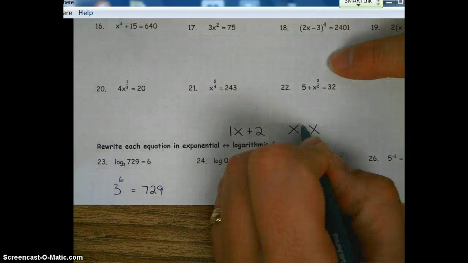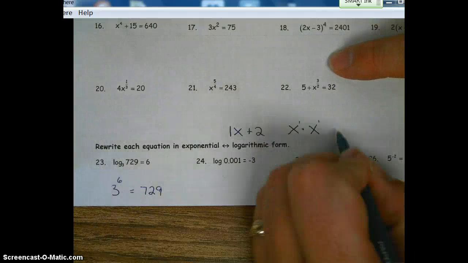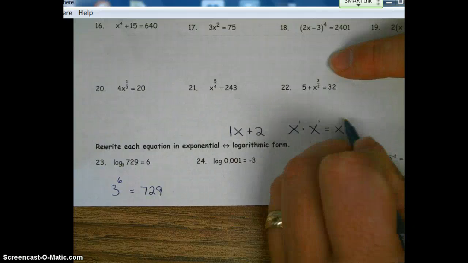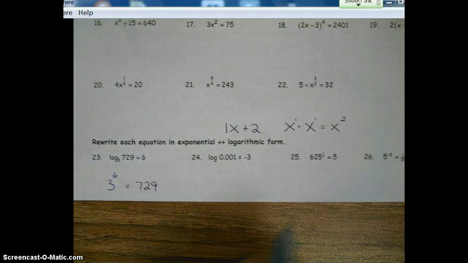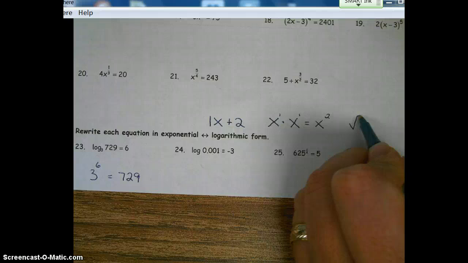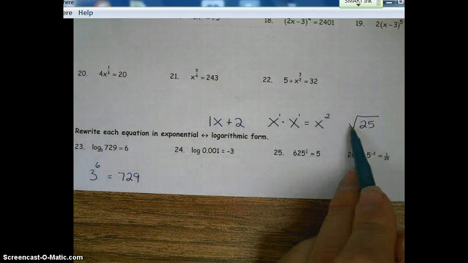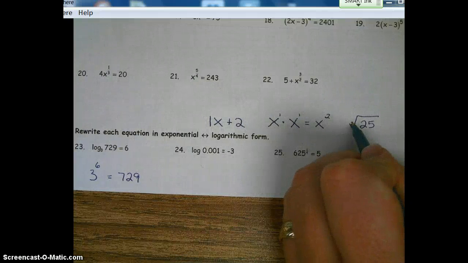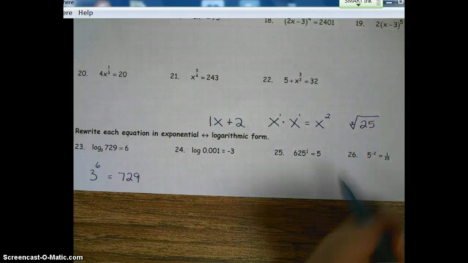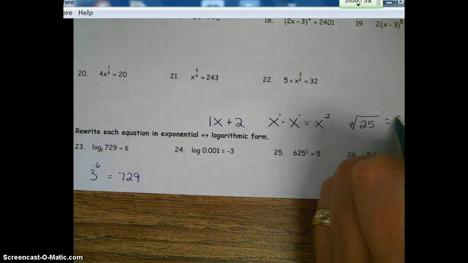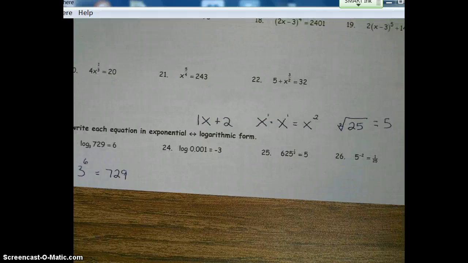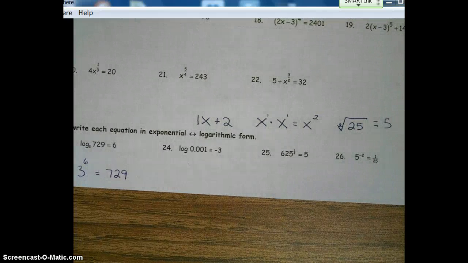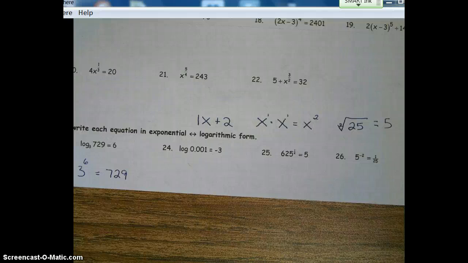Why, 1, of course. And also we have this radical, square root of 25. What's the root? Why, 2. We don't write it, but we know it's the second root of 25, which is 5. So math is full of numbers that are not written, but you need to know that they're there.